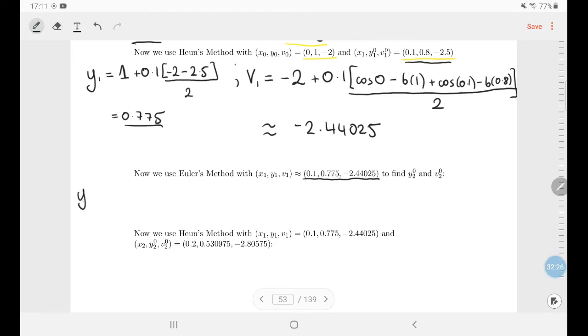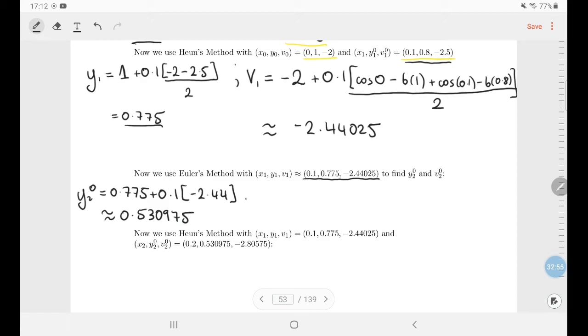So y2 predictor, previous y value is 0.775, plus step size 0.1, slope of y, previous v is this minus 2.44. Now I'm not going to write the rest of it, and I know we're into rounding territory anyway, and just from looking down below, I know that this is approximately 0.530975.